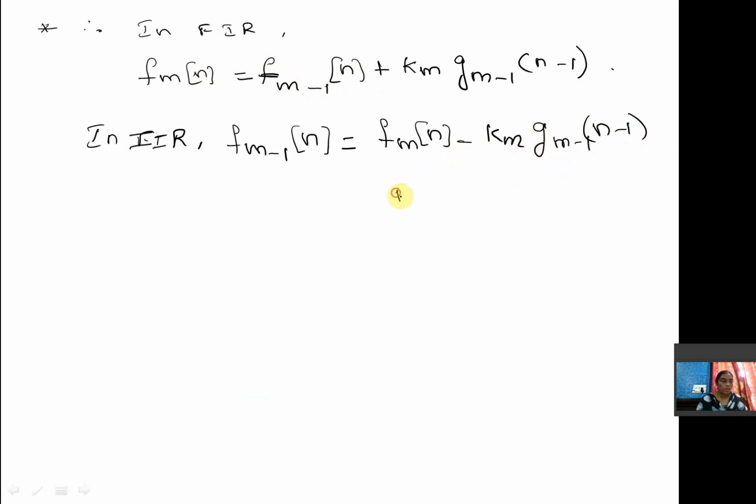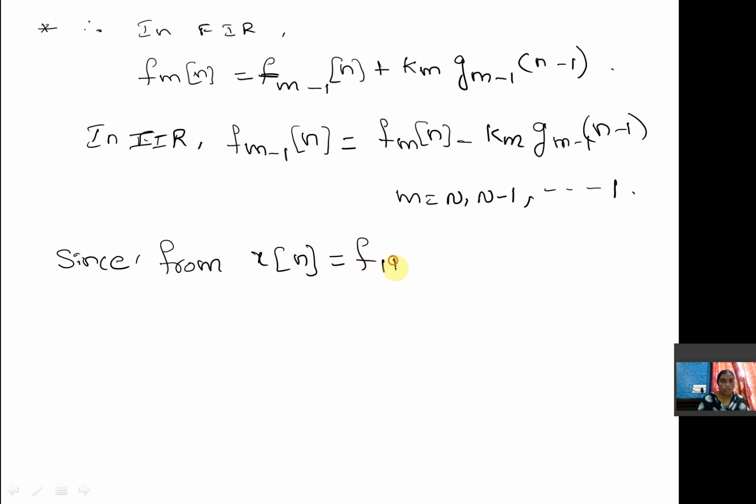Here m is n minus 1 and so on to 1. That means descending order. So here, from X of n, what is X of n here? Fn of n. But in the FIR, X of n is F naught of n.